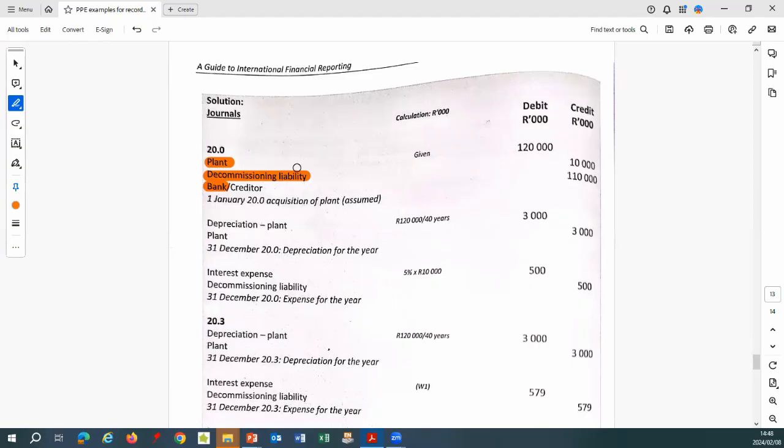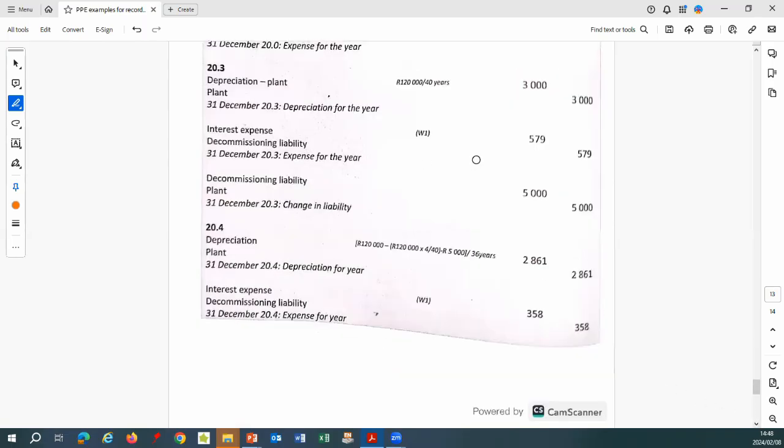This would have happened in every single year until we realized that the decommissioning liability has now been adjusted to 5 million. So we would have continued to depreciate our item, but we can see our interest expense has changed because we have got a higher liability, it's gone up. Then we are adjusting our plant's value and our decommissioning liability.